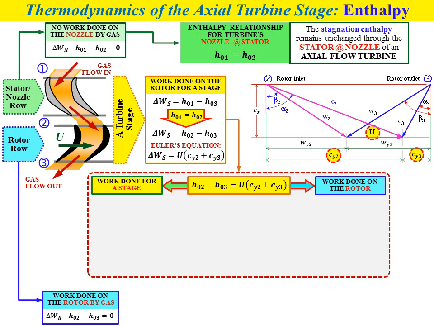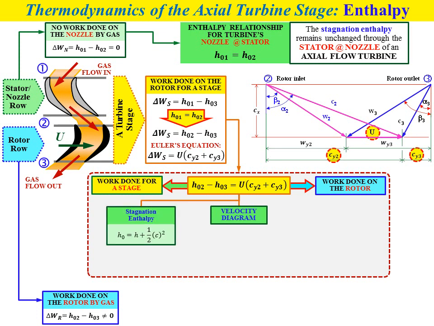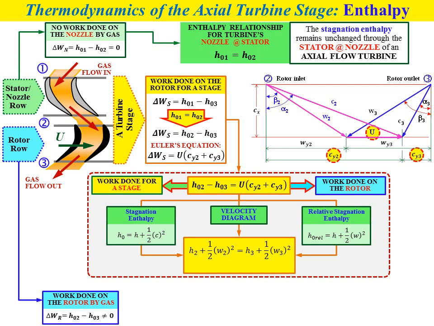Okay, so now our aim is to derive a special enthalpy relationship for the rotor. From this equation, if we implement the velocity diagram, the stagnation enthalpy equation and the relative stagnation enthalpy equation, we get the relationship in terms of enthalpy based on relative velocity, where H2 plus half W2 squared equals H3 plus half W3 squared.